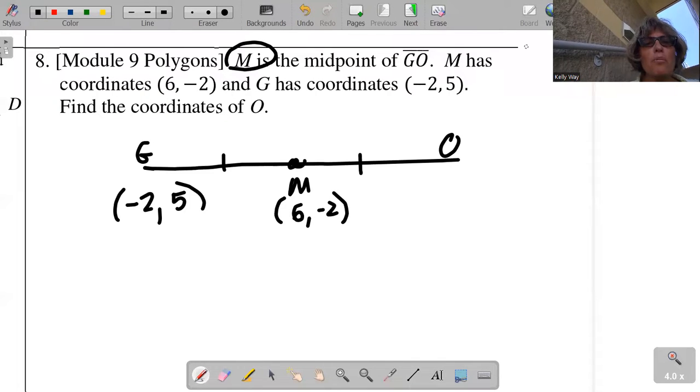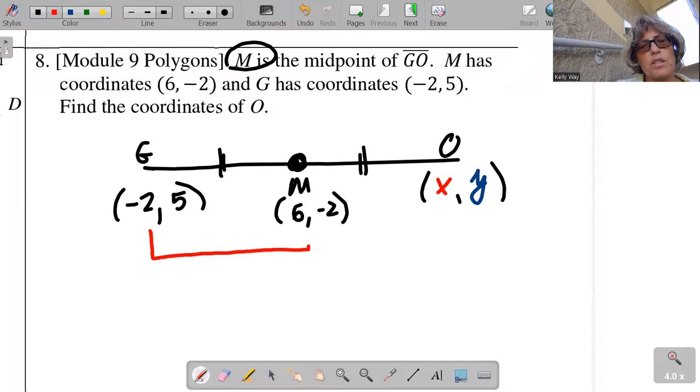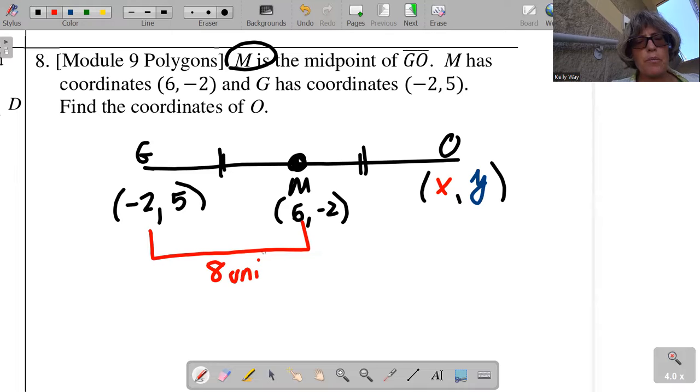So here you have a midpoint, M, between G and O, and we want the coordinates of O. So coordinates X, Y. By definition, midpoint means middle. So the way I see this is I ask myself, what is the distance between these two, -2 and 6? And the distance is 8 units.